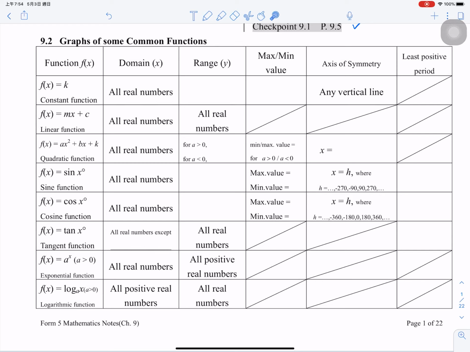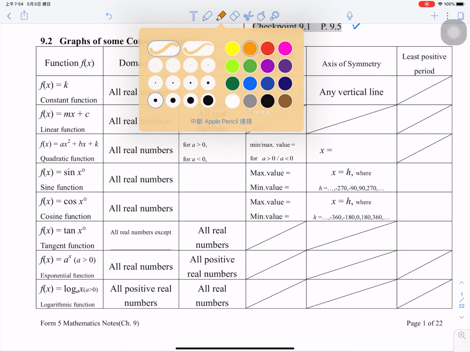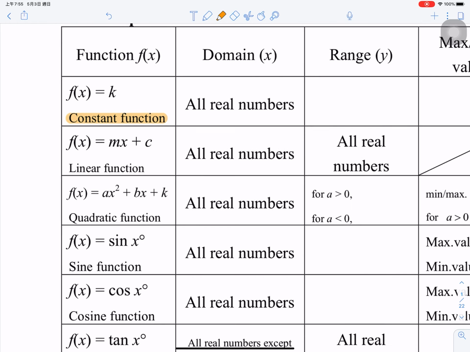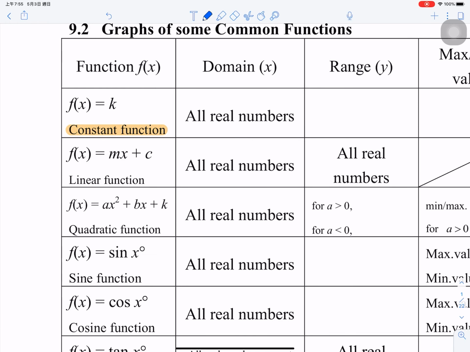Okay, let's see. The first one, f(x) equals k. What kind of function is this? We have a name here, constant function. What is a constant function? Here you have a straight line.